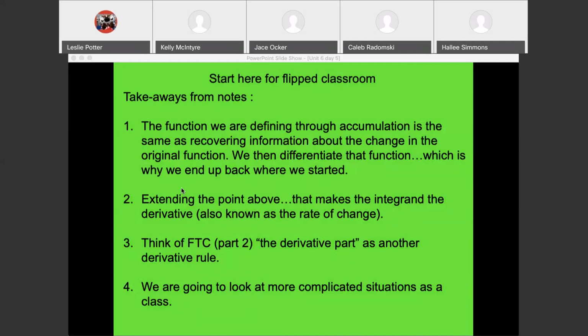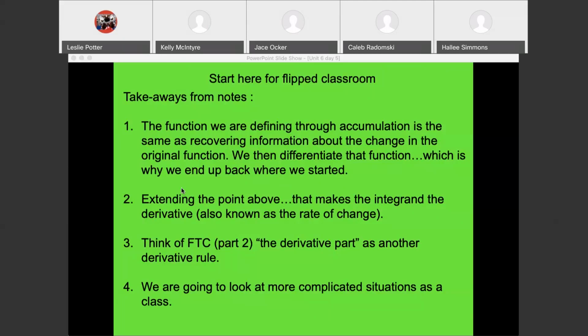So these are day 5 units. Okay, so we know we're talking about finding an accumulation.